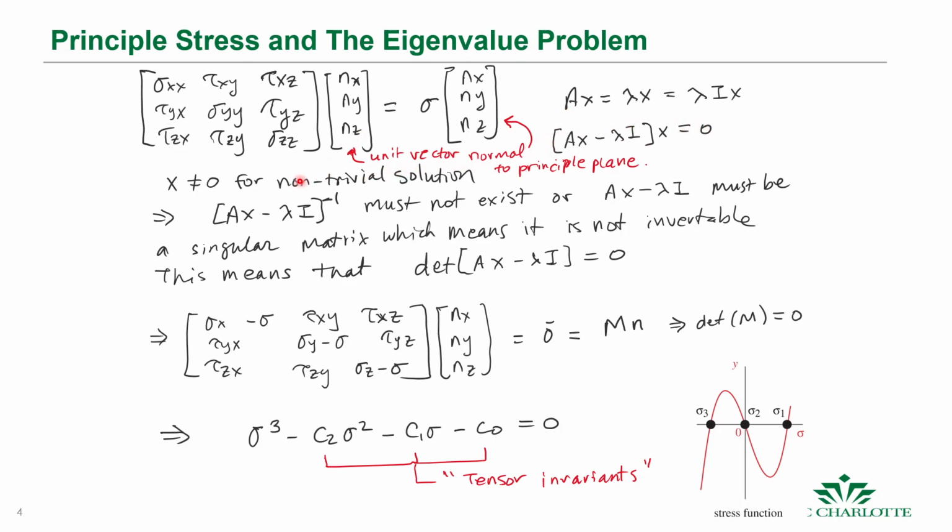So for this to have a non-trivial solution, A minus lambda I inverse must not exist. So A minus lambda I must be a singular matrix, which means that it's not invertible, and that means the determinant is 0. So that's what we can use to find the values for sigma in this eigenvalue problem.